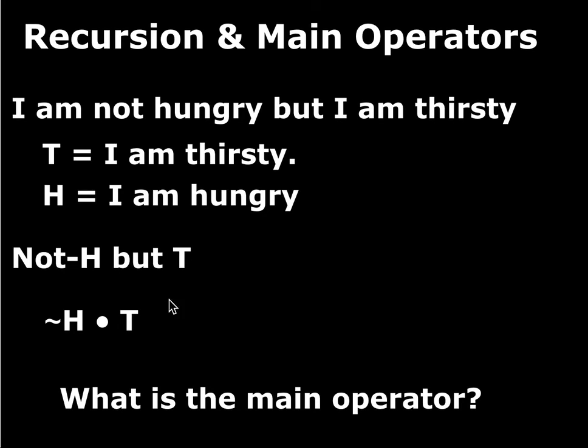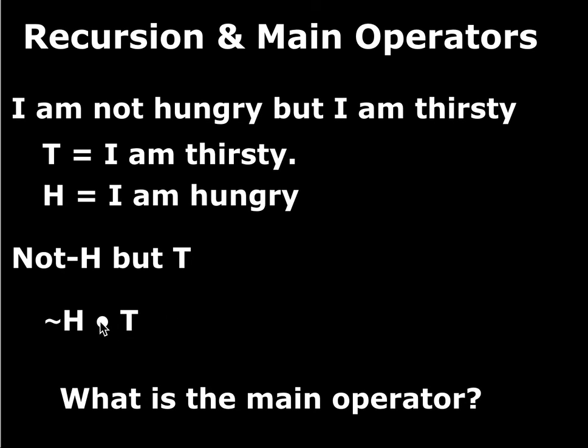Okay? Well, what does that mean? The main operator is the operator that tells you what the form of the overall statement is. Is this whole statement, the one I asked you to translate, a conjunction or is it a negation?